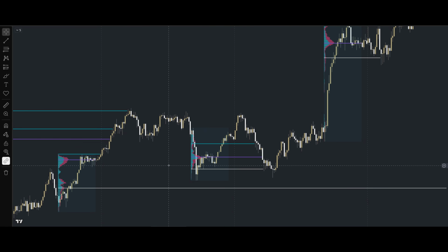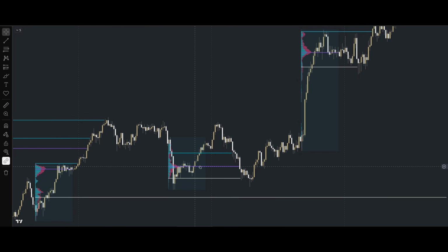So as you can see on the previous value area lows, these 2 days, price respected it because price came down to this one. Although it didn't touch it, it was a few pips or ticks away from it, but still respected it, right? So price is still bullish.